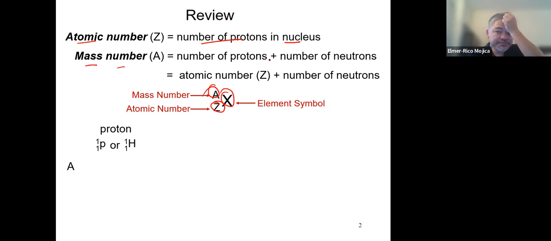Now, the thing that you need to know is the terms that they use here in nuclear chemistry. So you have the proton. A classic example of the proton is hydrogen. So a proton only contains one proton. It doesn't have a neutron, just like hydrogen isotope 1. Neutron, on the other hand, doesn't have a proton.